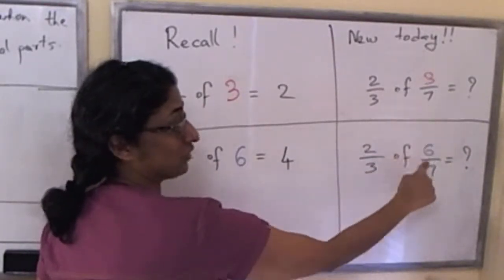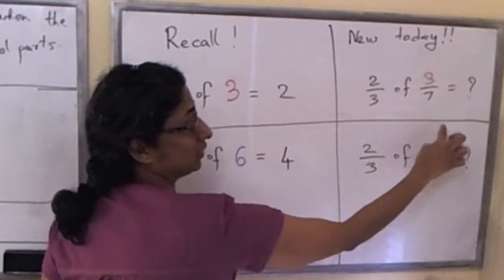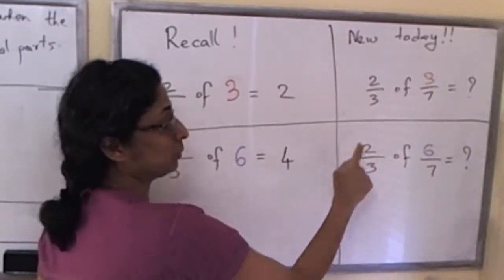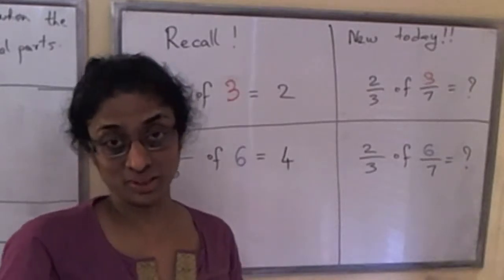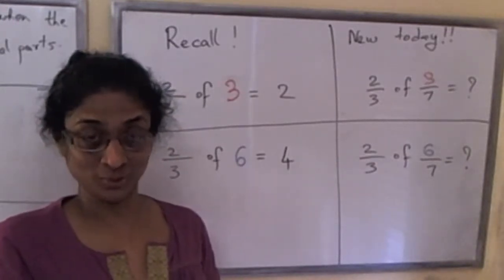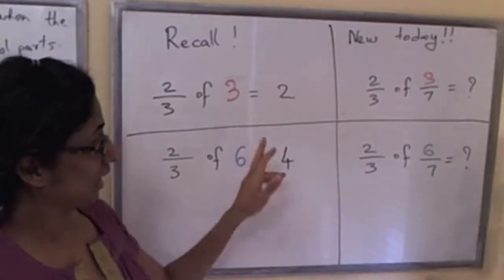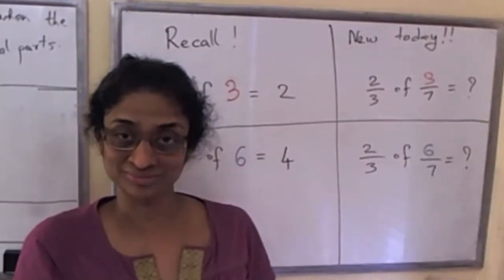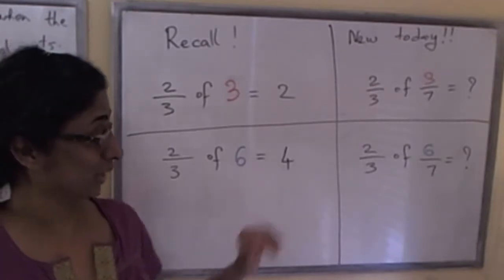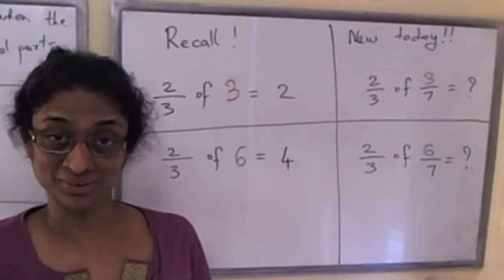In both these fractions, the numerator is a multiple of this denominator. That's the specific examples we're going to focus on in this video, and then we'll see how these two answers are related to the answers we get out here. So let's go ahead and look at these examples now.